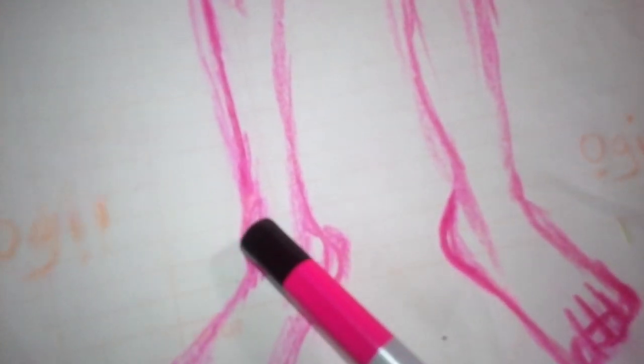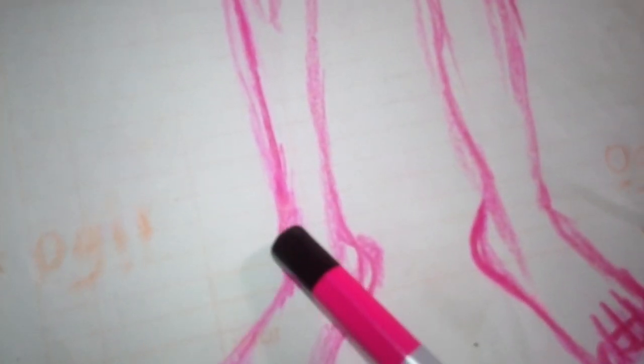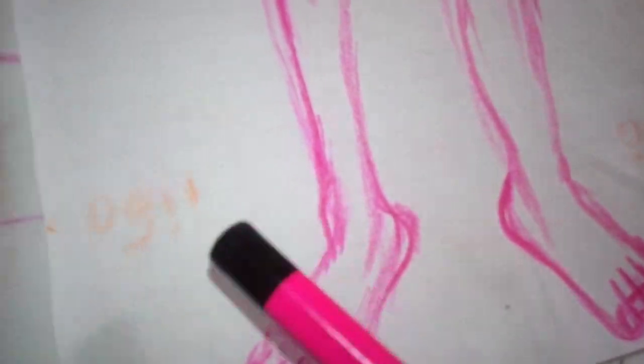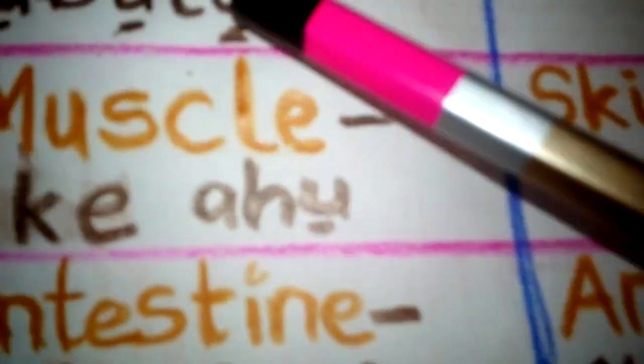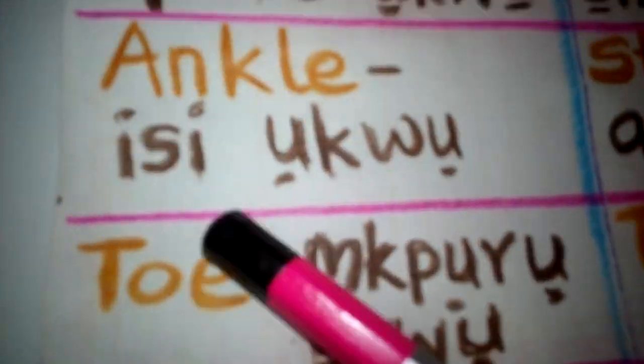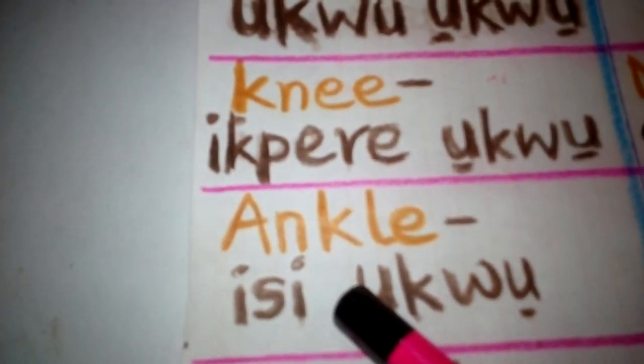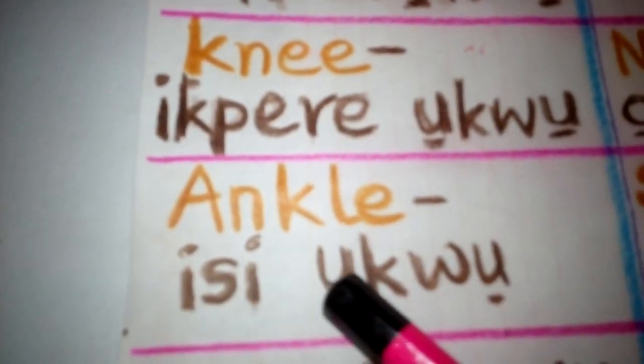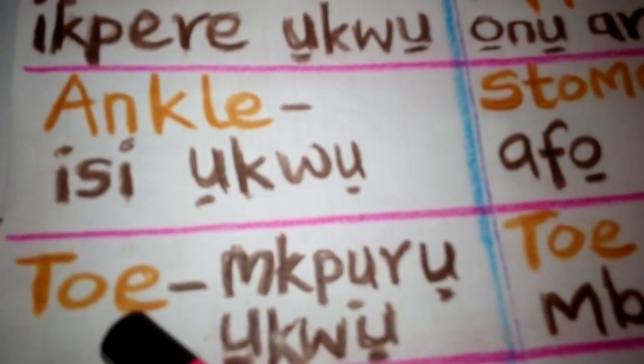On top here there's a bone, roundish, that pops out somehow. This is what we call ankle. That is the isi ukwu in Igbo language.